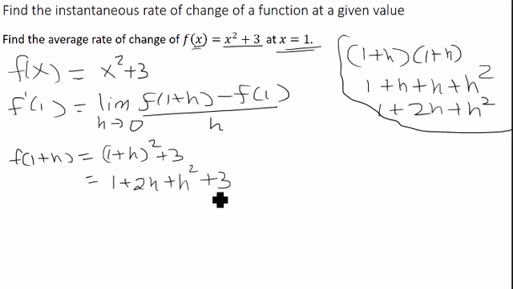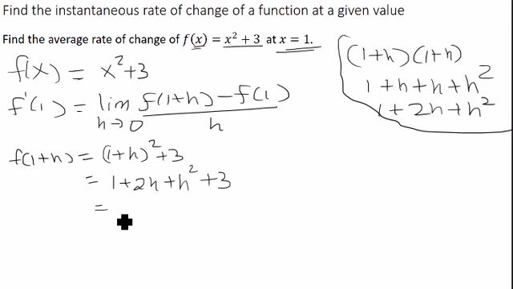If you're not familiar with this, you might want to go back and review the videos where I talk about these types of things. After simplifying, this becomes h squared plus 2h plus 3 plus 1 is 4.